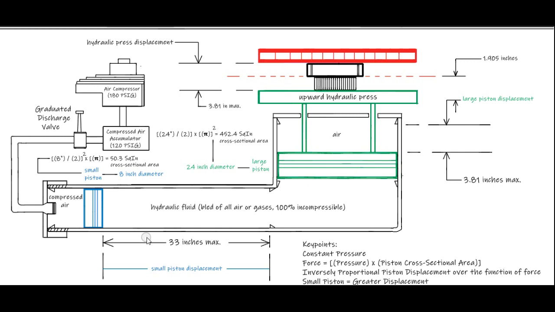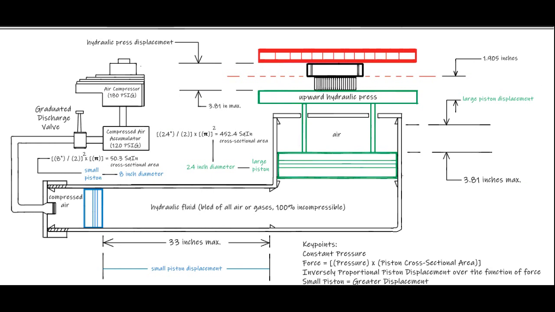So 33 inches of travel here, 6,036 pounds of force will yield 3.81 inches of large piston travel with 52,288 pounds force output.